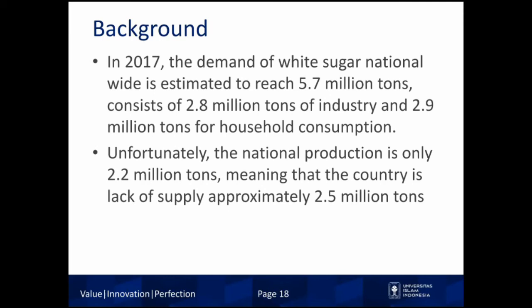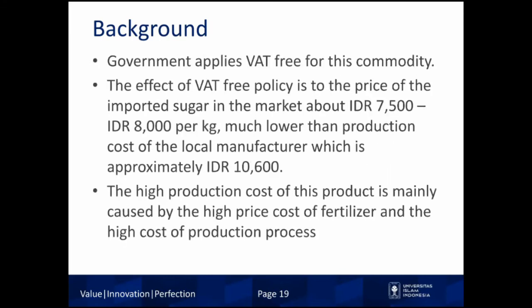But unfortunately, the national production is only 2.2 million tons, meaning that the country lacks supply of approximately 2.5 million tons. But the government applies VAT, value-added taxes, VAT-free for this commodity, for the import.